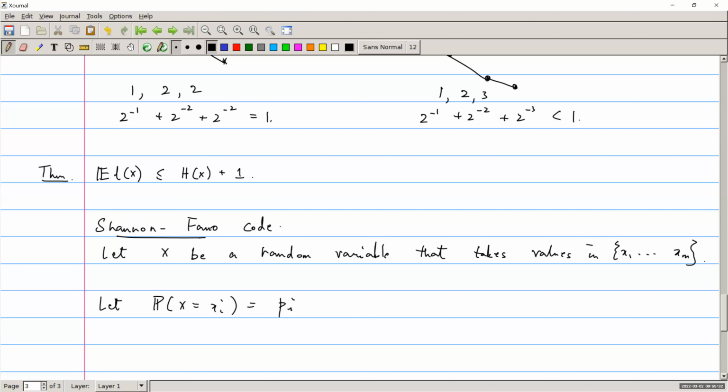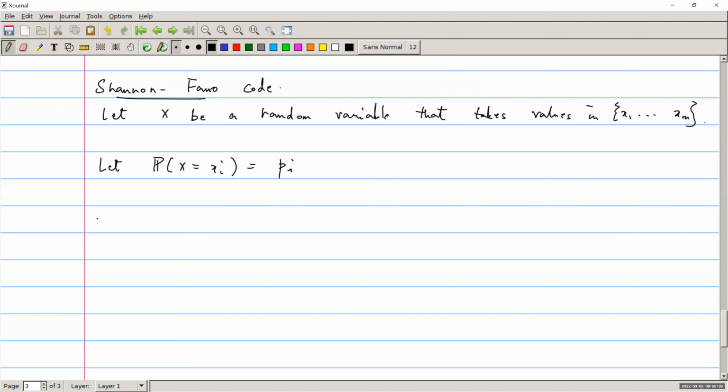Now, one thing we are going to do is define li. We are not assigning a code yet. But here we are doing something weird. We are first figuring out the code word lengths, and then we'll assign a code. The code word lengths we define to be log of 1 over pi essentially.